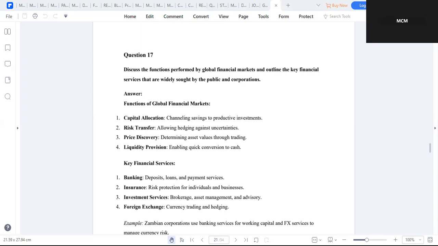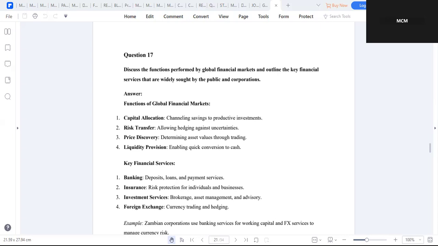And it's also a liquidity provision. So it's these global financial markets that enable participants to quickly buy or sell assets, making the financial instrument convertible into cash with minimal loss in the value. It's also there to facilitate international trade. So the financial markets will provide what? Credit and foreign exchange services that will make cross-border trade more possible.